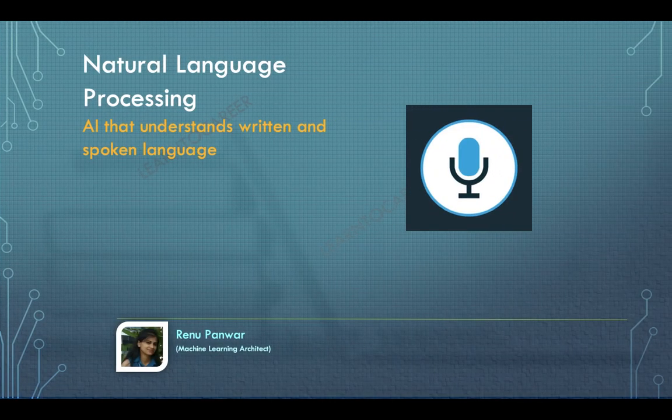After that, we have natural language processing, which is how we can create software that understands written and spoken language. So this area is where we have our voice assistants like Siri, Cortana, Alexa.